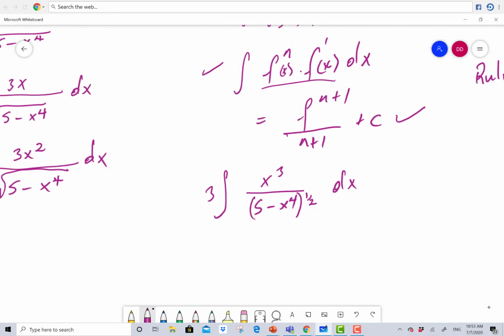Going one more step, this is x to the 3rd times 5 minus x to the 4th to the negative a half dx.